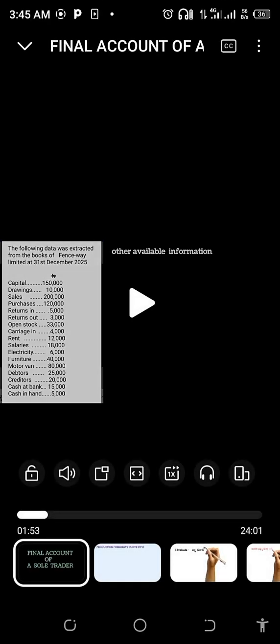Other available information are as follows. We have opening stock, we have closing stock, and the closing stock is 40,000 naira. The prepaid rent is 2,000 naira. Furniture is to be depreciated by 10%.